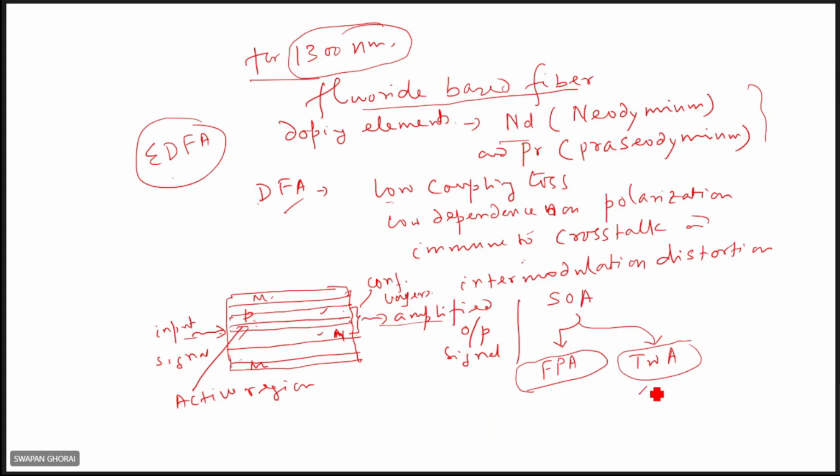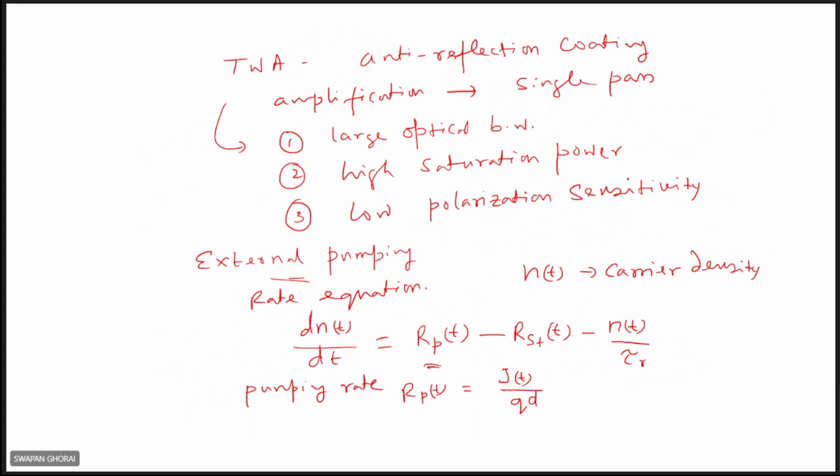But in the case of traveling wave amplifiers, there will be only a single pass and no reflections. Gain can be achieved only through a single pass, not through multiple reflections, and that is possible if you have an anti-reflection coating.